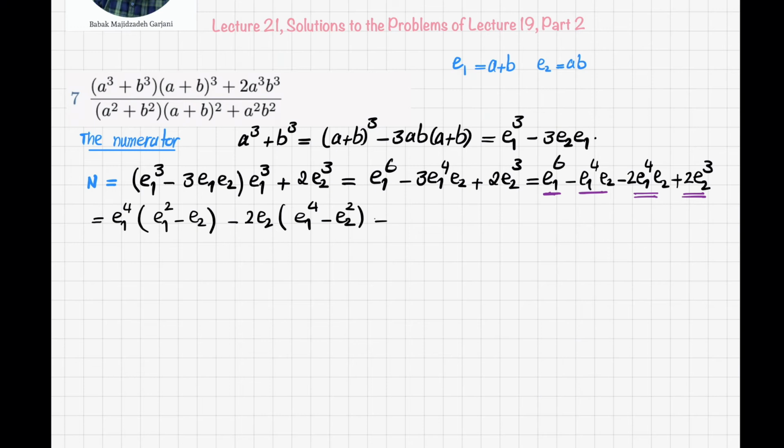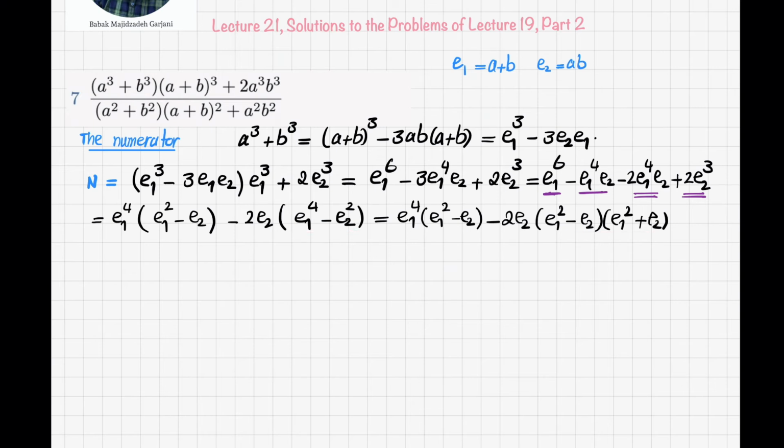But then the second one is a conjugate pattern, so I can factor it more. So it becomes e1^4 times (e1^2 minus e2), minus 2 e2 times (e1^2 minus e2)(e1^2 plus e2). Yes, so I factorize this part using the conjugate pattern.